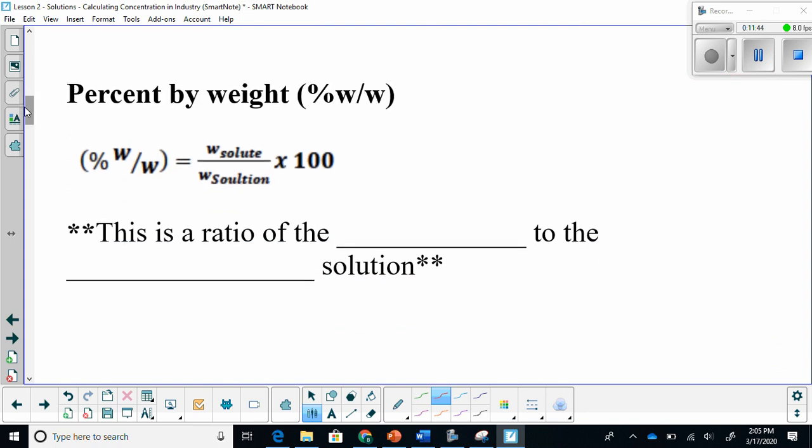We're going to take a look at percent weight to weight. Basically, this is the same as the percent by volume, but instead of using volumes, we are now using weight. So this is the ratio of the solute, which is a mass, to the total mass of the solution.